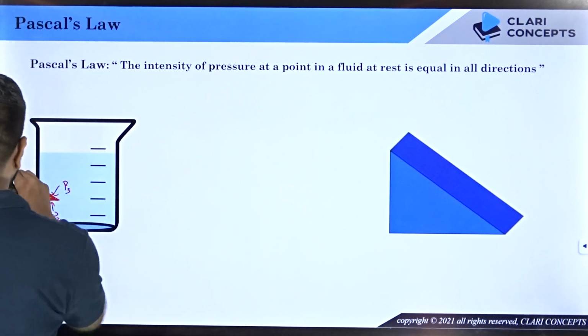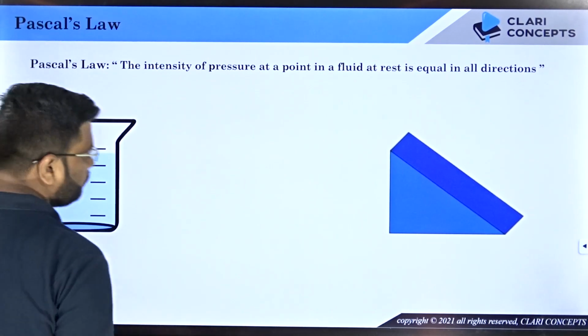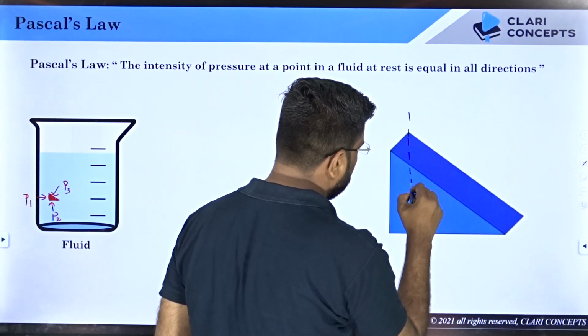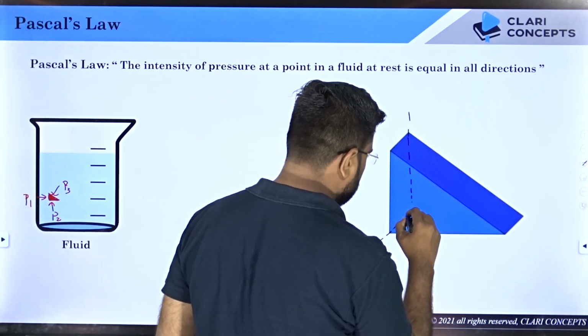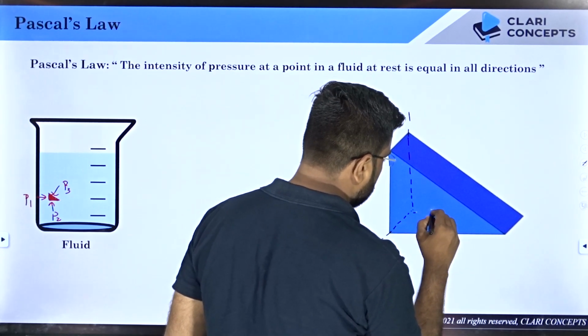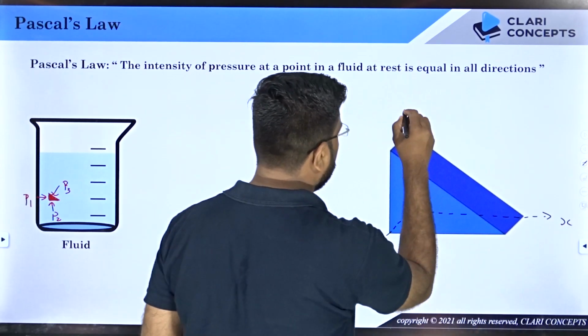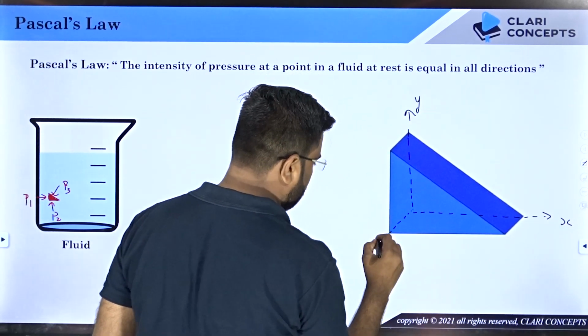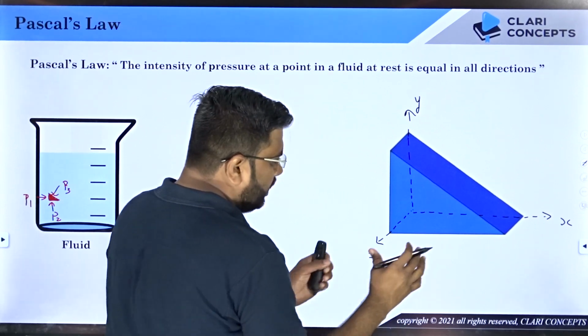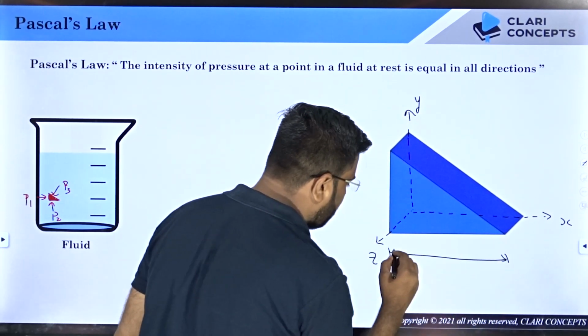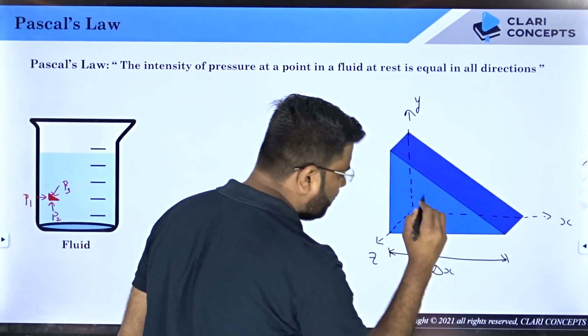So what I will do, I will first of all draw various lines. I will draw the axes. Let us suppose this is your x-axis, this is your y-axis and this is your z-axis. The distance on the x-axis of this element, let us say this is delta x, which is very small.